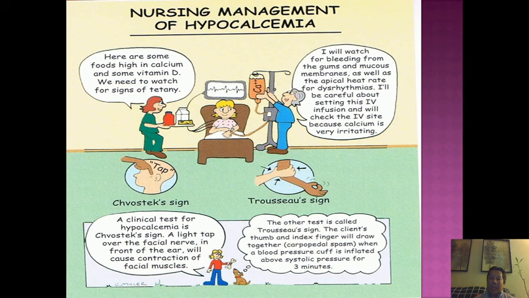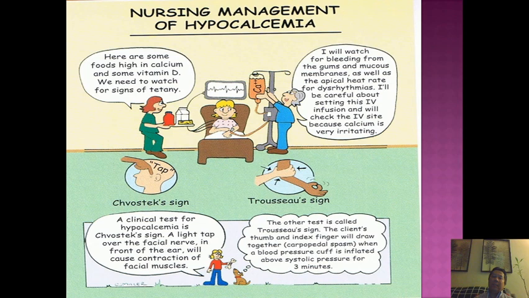Remember also that calcium is a clotting factor. It's clotting factor number 4. If you don't remember the clotting factors, that's one of your assignments. We have 13 clotting factors listed, but only 12 are active. And clotting factor number 4 is your calcium.